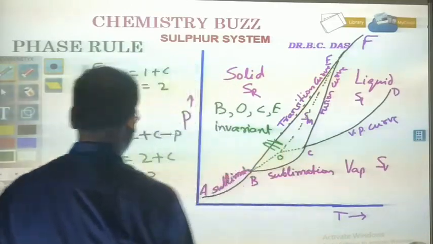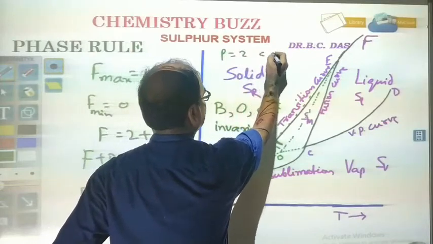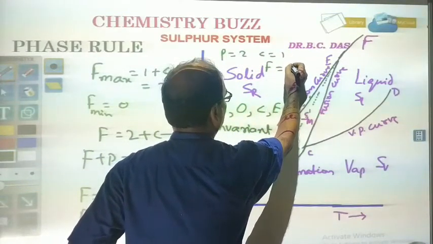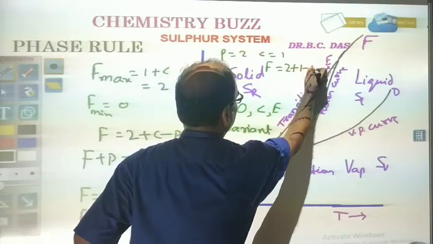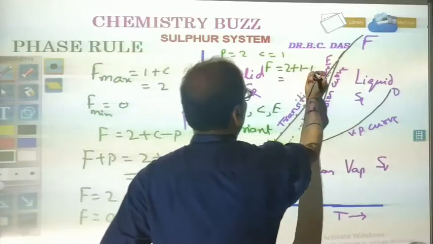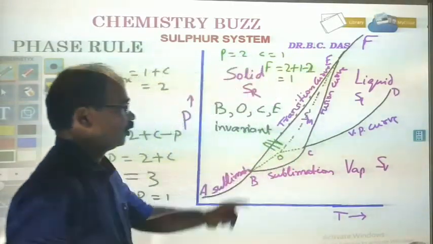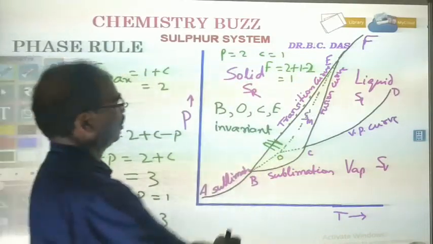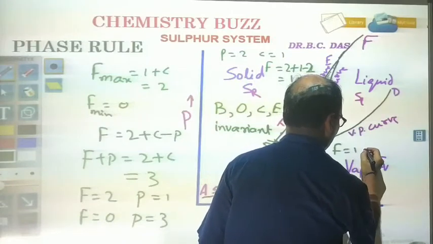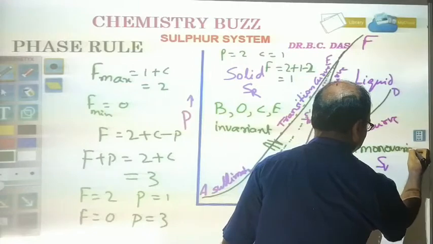So when P is equal to 2, C equal to 1, F is equal to 2 plus 1 minus 2, that is 1. So the degree of freedom is 1. When F is equal to 1, it is called monovariant.